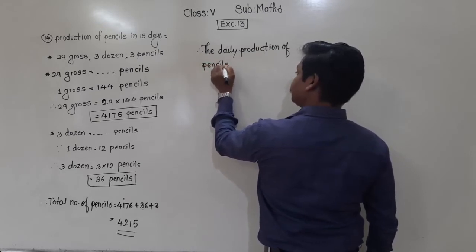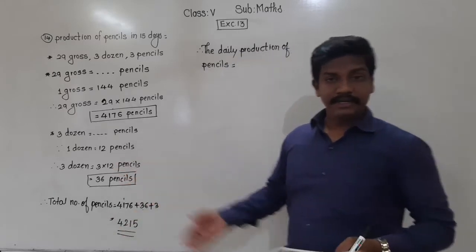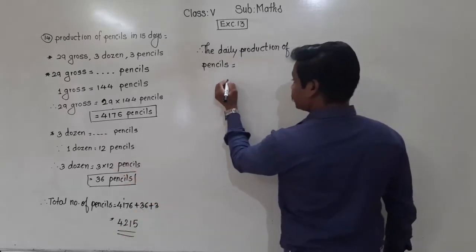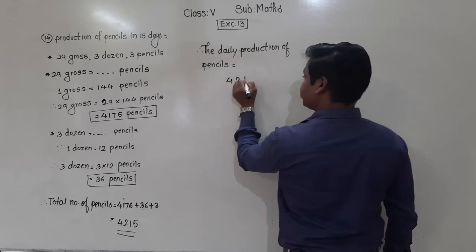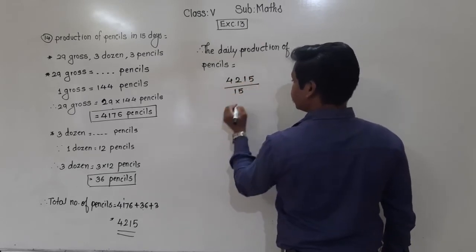What we have to do here: the total number of pencils we have to divide by 15. So 4215 divided by 15.